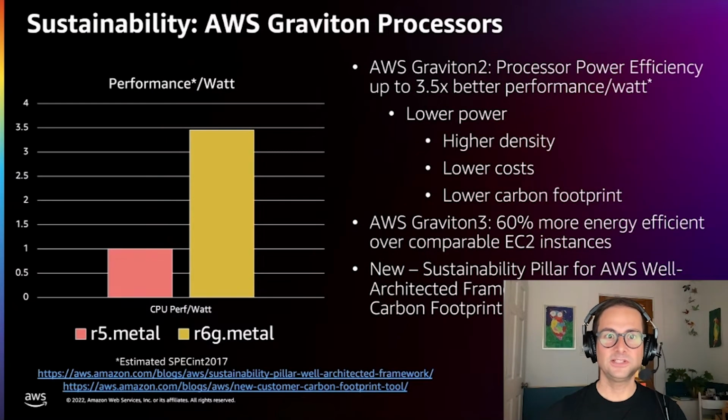From a sustainability standpoint, AWS Graviton2 was already incredible. It's a super power efficient processor, giving up to 3.5 times better performance per watt compared to similar EC2 instances. Its lower power allows us to put them in higher density racks, which allows us to lower the cost and lower the carbon footprint.